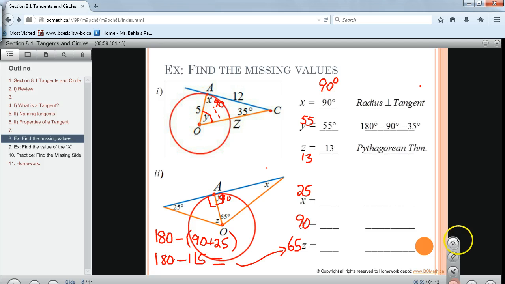Let's see if we're right. We should be. X is 25, like I said, because angles in a triangle add to 180. Y is 90 because of the radius tangent perpendicular rule. And Z is 65 because, again, angles in a triangle add to 180.